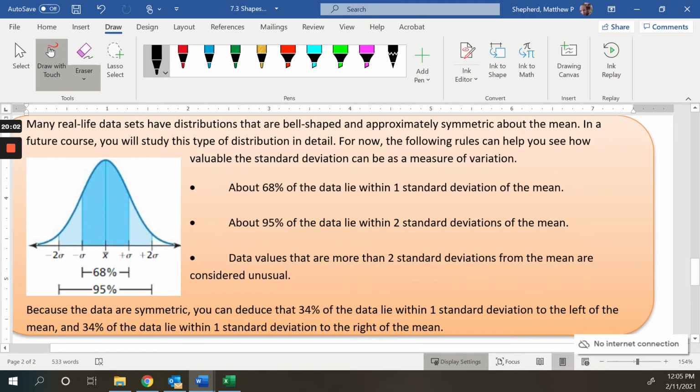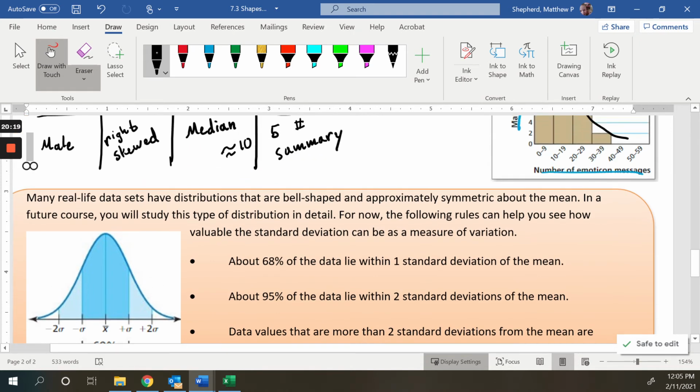Okay, now many real-life data sets have distributions that are bell-shaped. What I mean by bell-shaped is this shape that you can see right here, that symmetric curve. We many times will call that the bell shape. You can imagine a little handle coming out of the top. There. It's a handheld bell. Okay, that's what we mean by bell-shaped.